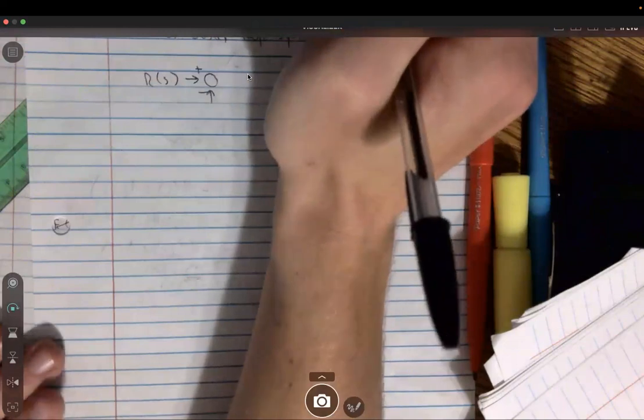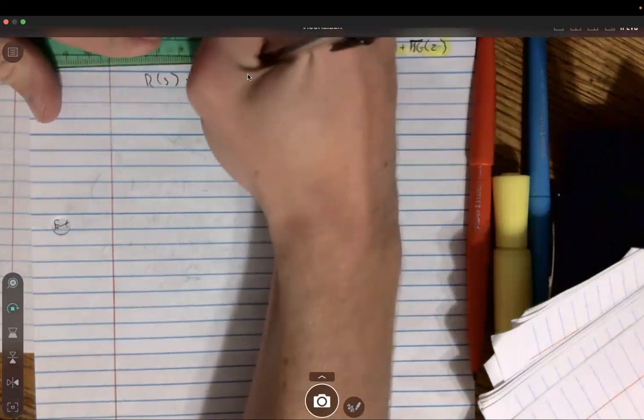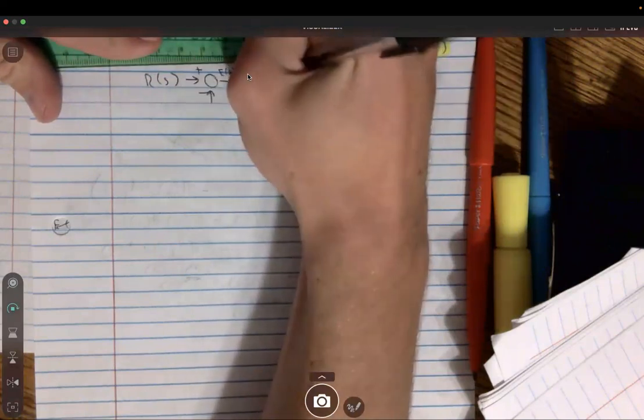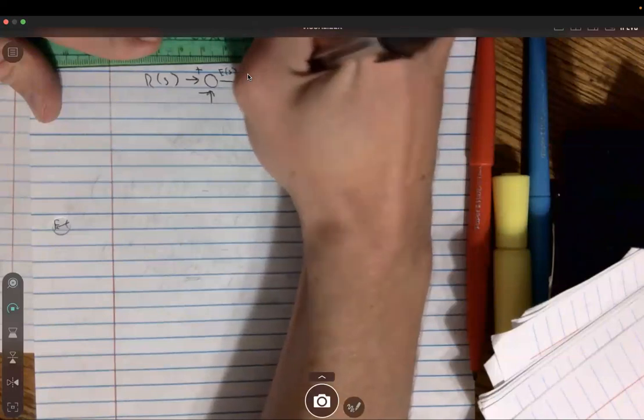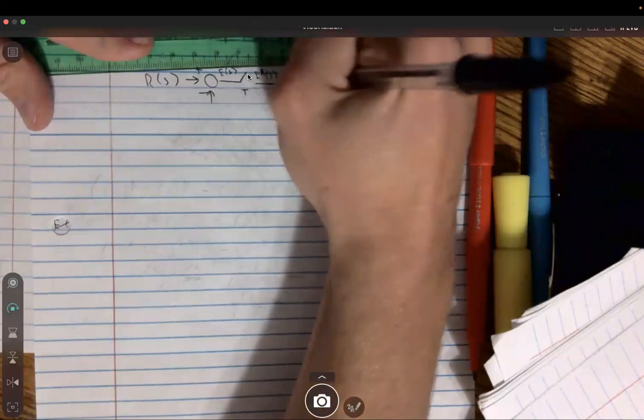And this is going to be our sampler right here, our analog to digital converter. At this point, it's E of S, but afterwards, it's E star of S. Then it's going to go through to our digital controller.